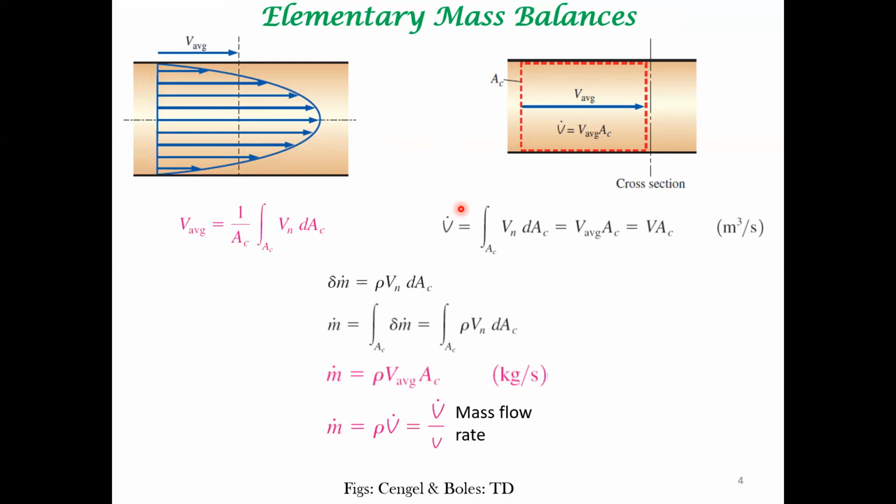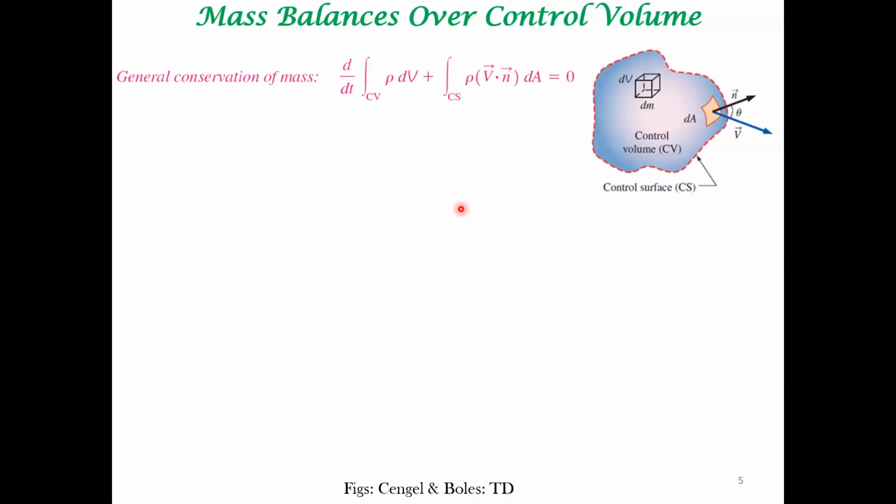From there, given the density of the system, you can also get to the mass flow rate of the system. So you should know how to implement the conservation of mass for our system of arbitrary geometry.